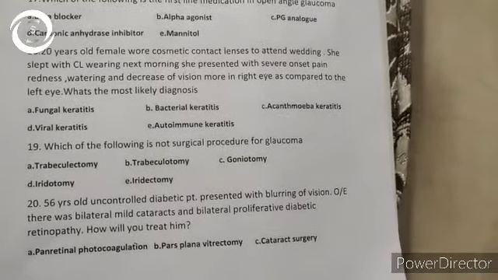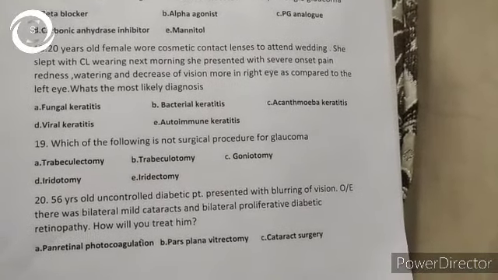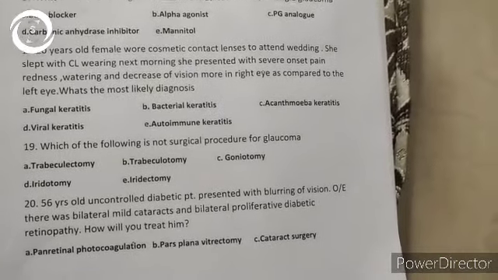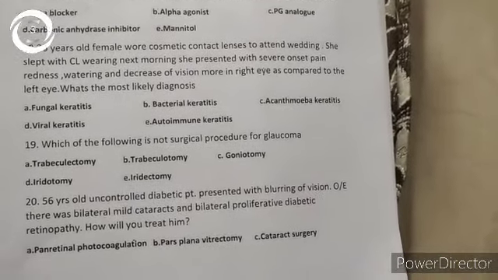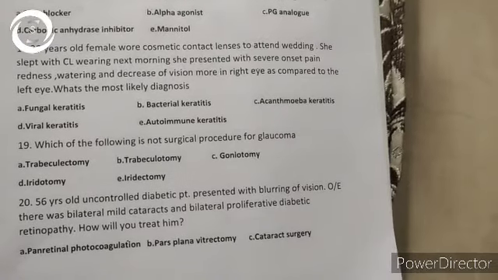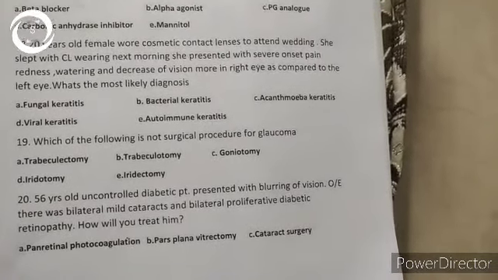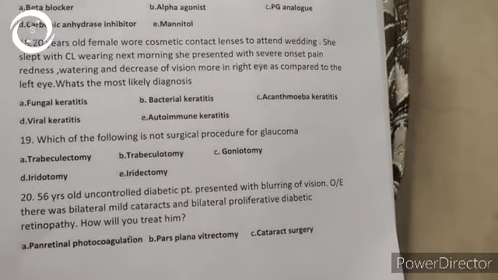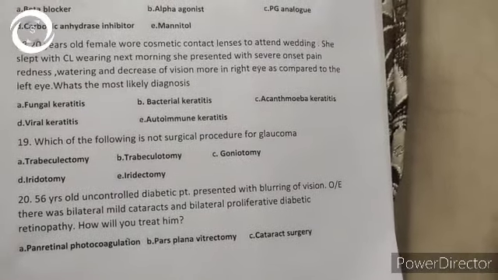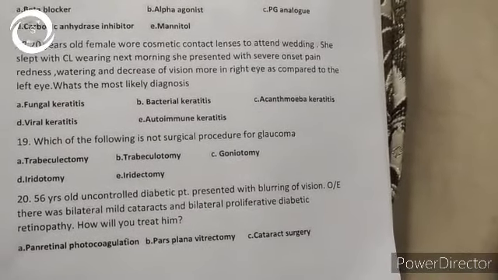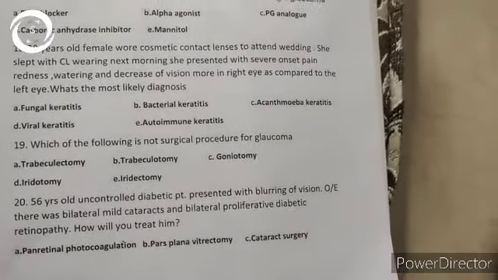Now let's again come to the 18th question. Fungal keratitis, we have already told you that it will have fluffy margins, zigzag margins, hypopyon and less pain. In viral we will have a dendritic pattern. In autoimmune we will have no pain. In peripheral ulcerative keratitis and Mooren's ulcer there is severe pain, but that will be on the periphery.